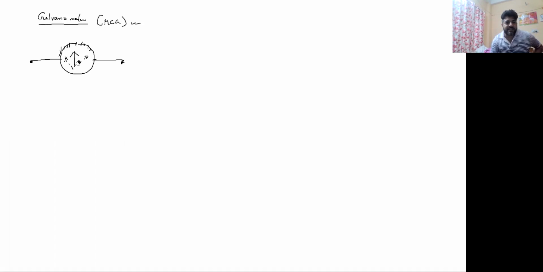We just check these things, but try to understand, we neither measure current nor measure voltage by using the galvanometer. If this is the current in the galvanometer and this is the resistance of the galvanometer, the voltage of the galvanometer is the current in the galvanometer times the resistance of the galvanometer.